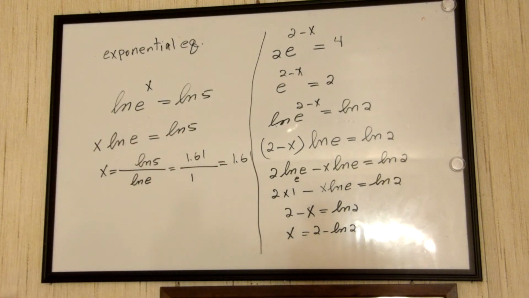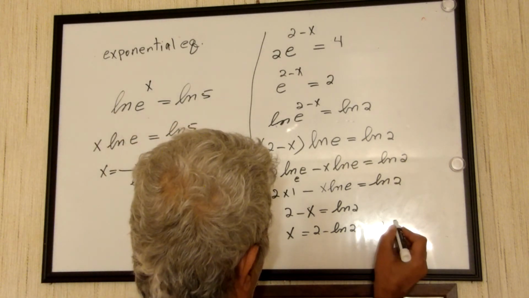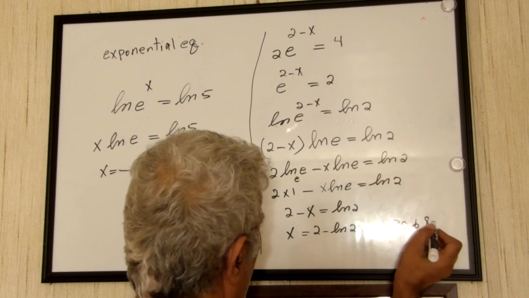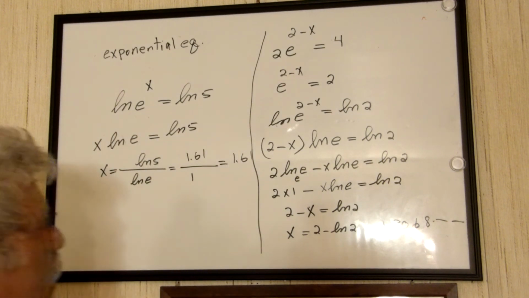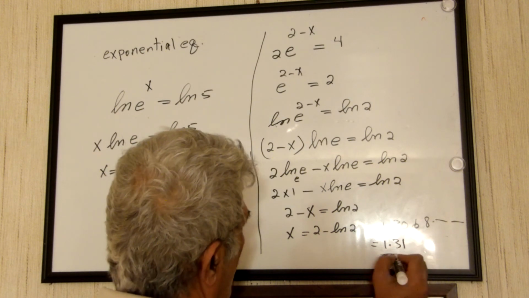And we see that the result is going to be 2 minus natural log of 2, which is 1.306 and something. If we round it to 2 decimal places, it's going to be 1.31.